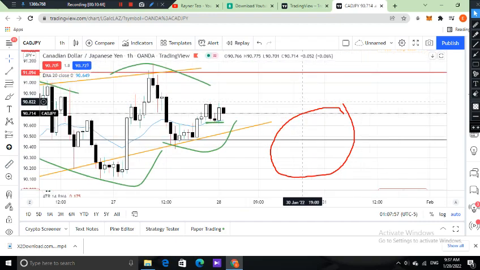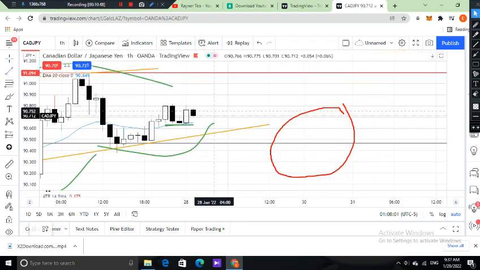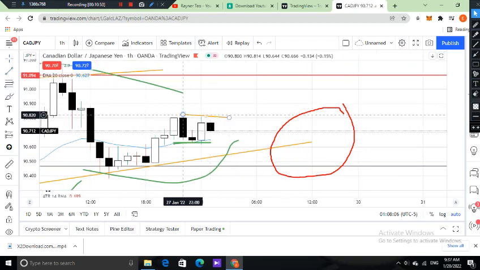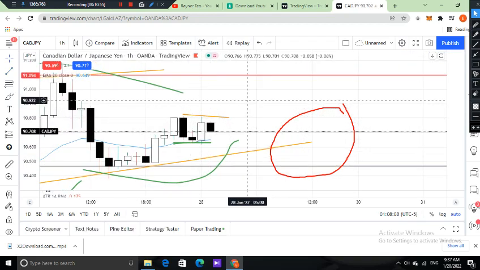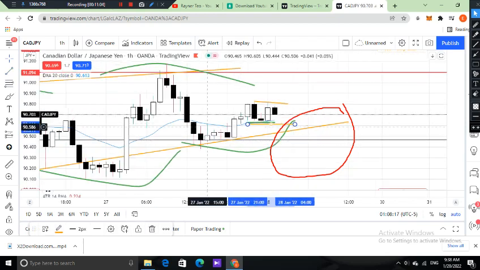I say it's better if you wait. You can draw a small trend line like this, and if the price breaks this up, you can enter the position and you can draw a line below this.